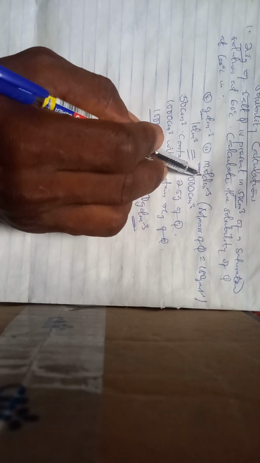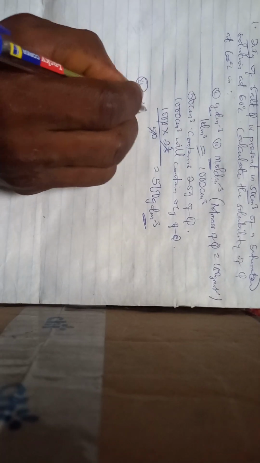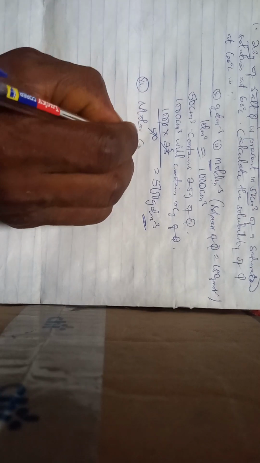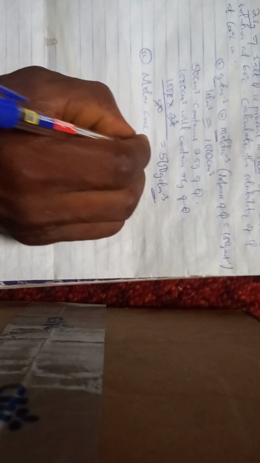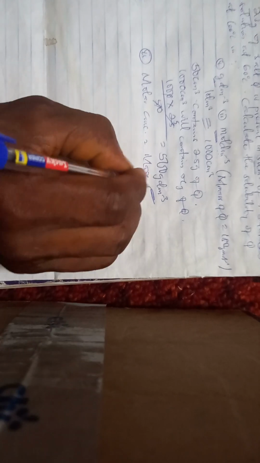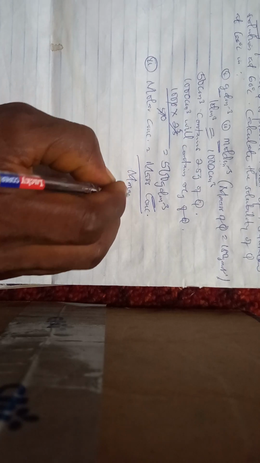The second question is we should calculate that amount in mole per dm cube. There is a formula that connects both mole per dm cube and gram per dm cube together. So number 2, we use molar concentration. What they are asking us is molar concentration is equal to mass concentration over molar mass.